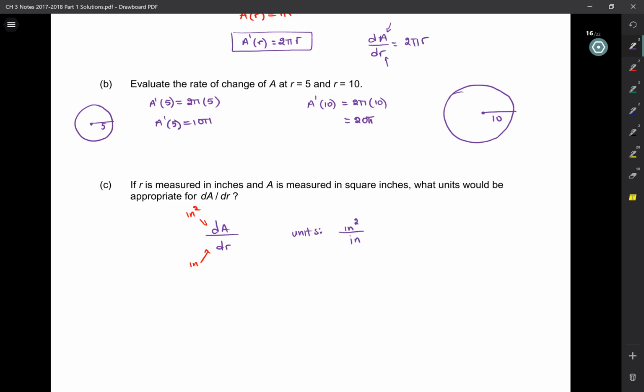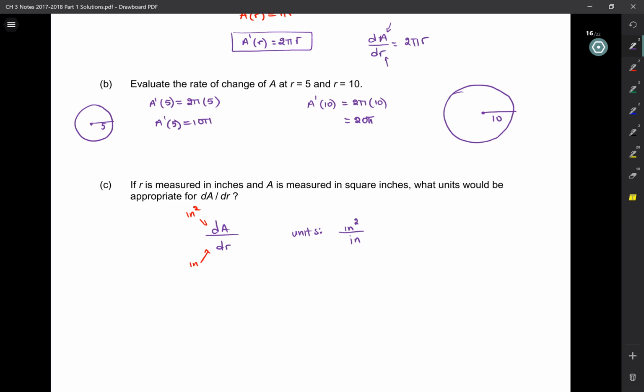Okay, we don't cancel. So dA/dr, the rate of change of the area, is, let's say, 5 inches squared per inch. So per inch of radius, the amount of area that is changing is 5 inches squared.